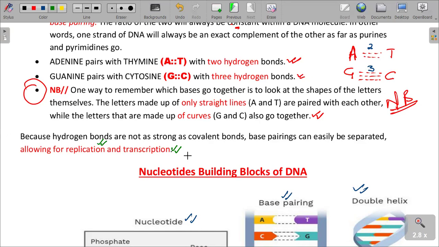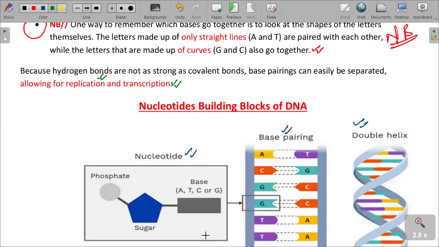It is for this reason that the weak hydrogen bonds must allow for DNA replication as well as the transcription process, where the DNA must unwind and the weak hydrogen bonds break off, allowing the bases to pair with the free floating nucleotides that will form there. We are not here to explain DNA replication, but I just want you to understand that hydrogen bonds are weak to allow for the separation that must take place during DNA replication and also transcription.